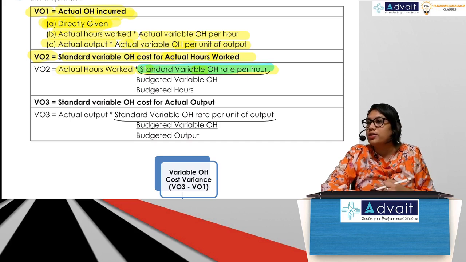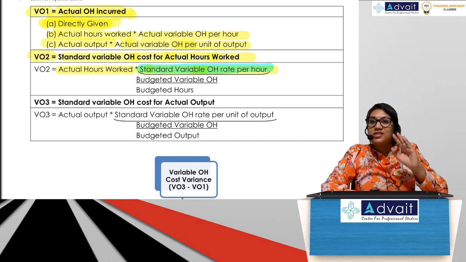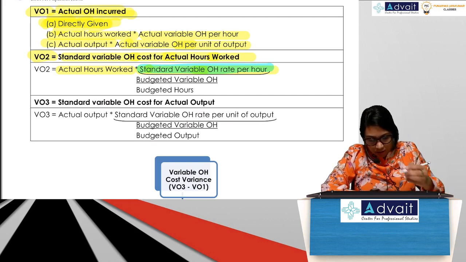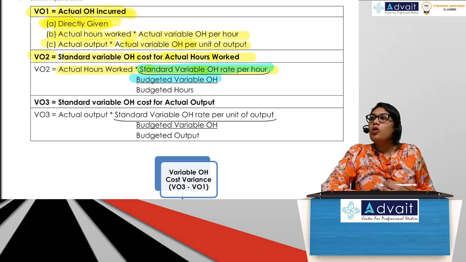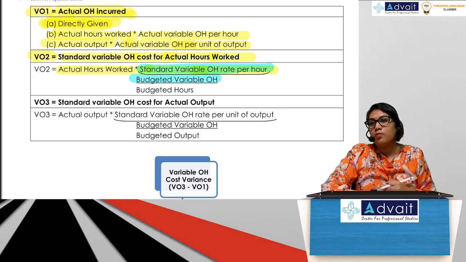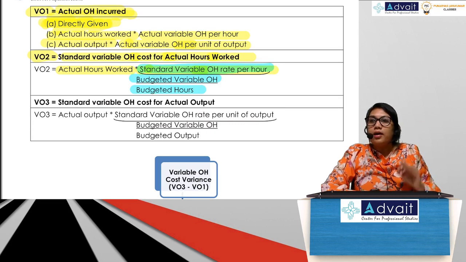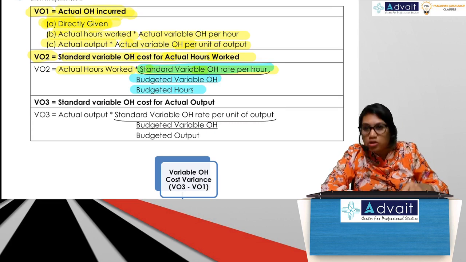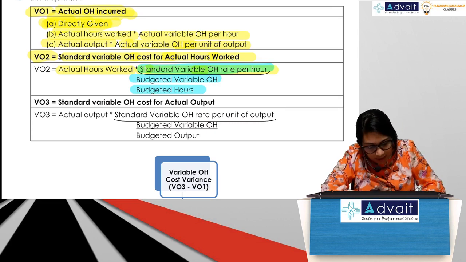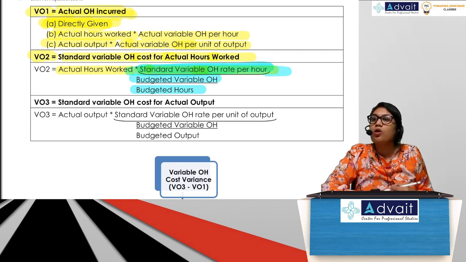Everything should be standard. So budgeted variable overhead, which means total variable overhead divided by total hours. Please remember, both should be standard, because you're calculating the standard variable overhead rate per hour. Okay? Everyone?